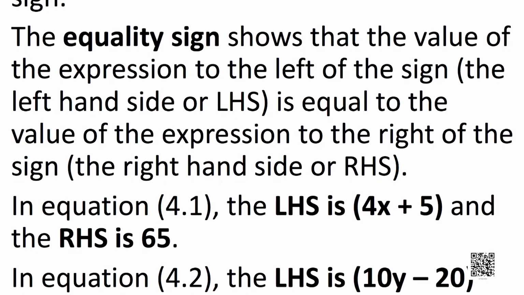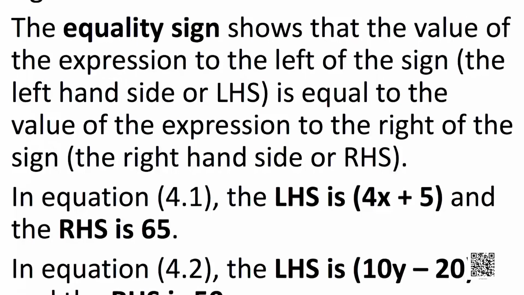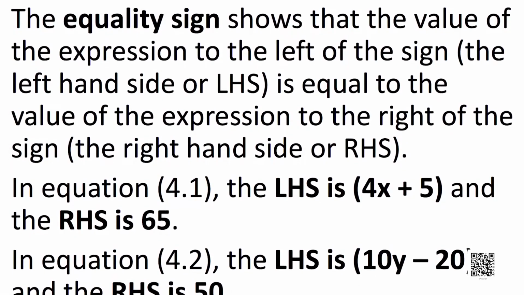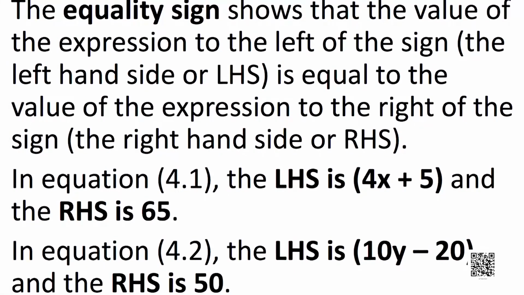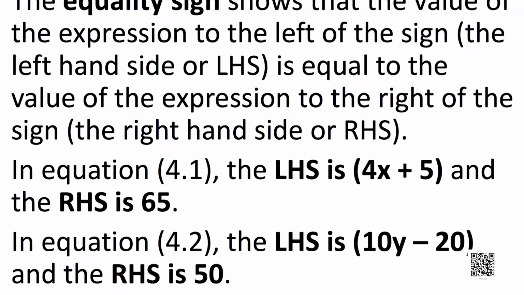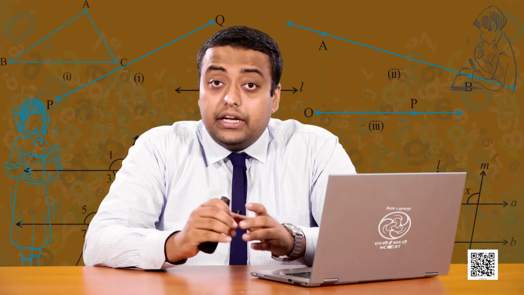In the first equation, the LHS is 4x + 5 and the RHS is 65. In the second equation, the LHS is 10y - 20 and the RHS is 50.